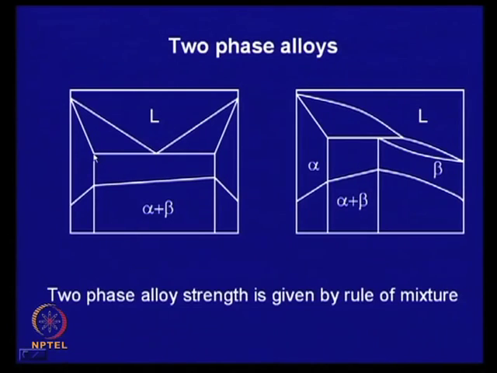Now, suppose this plot would have been like this, then how would we be able to control the structure, or how does the structure evolve in the terminal solid solution, and that is what we are going to look at in today's and maybe another class.